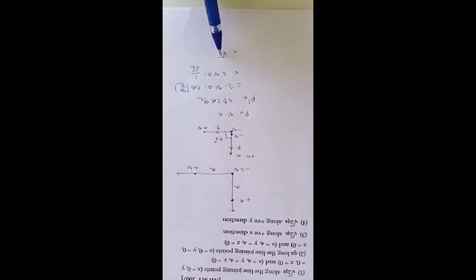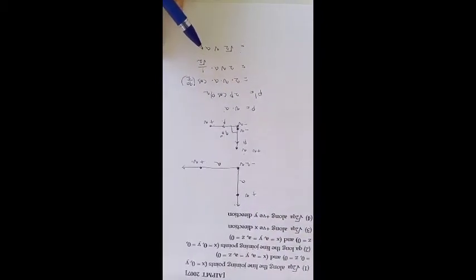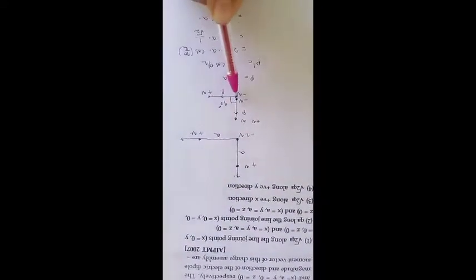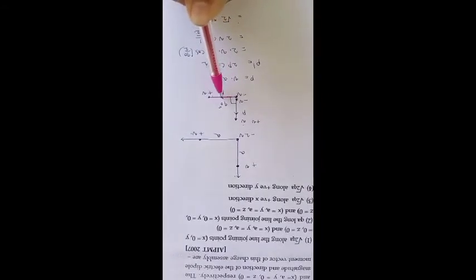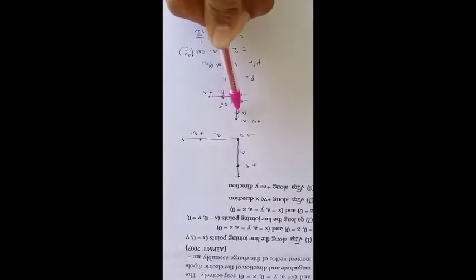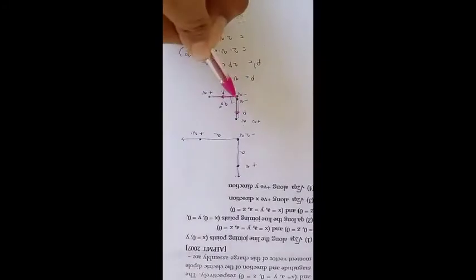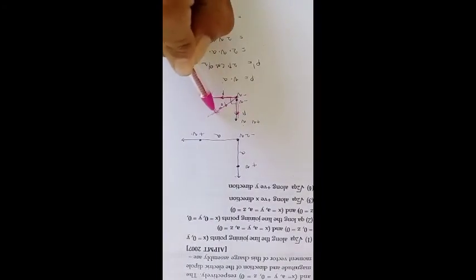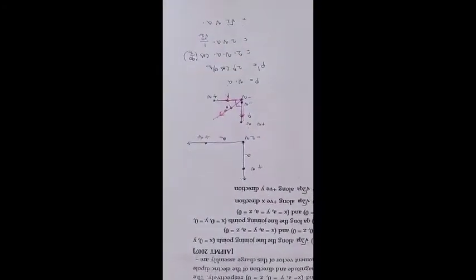So the value is root 2 qa. What is its direction they are asking. This dipole moment is in this direction, this dipole moment is in this direction, and the resultant will be in this direction. So root 2 qa will be the answer.